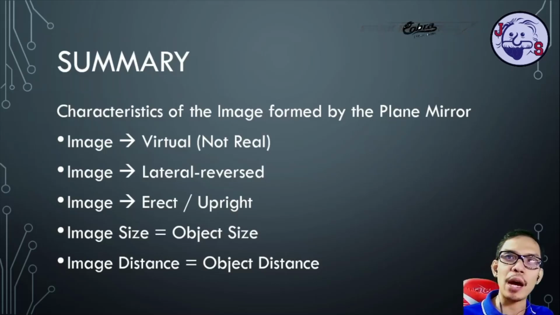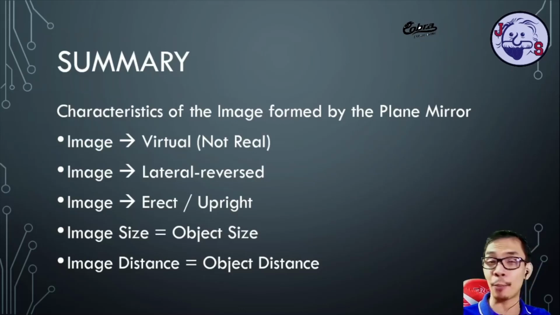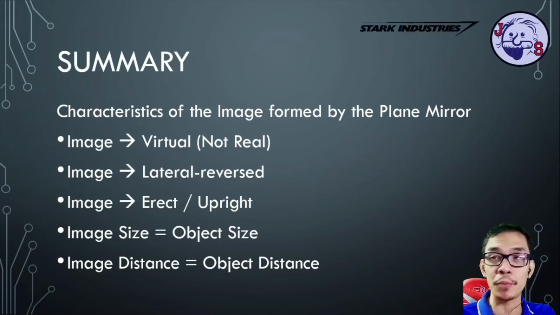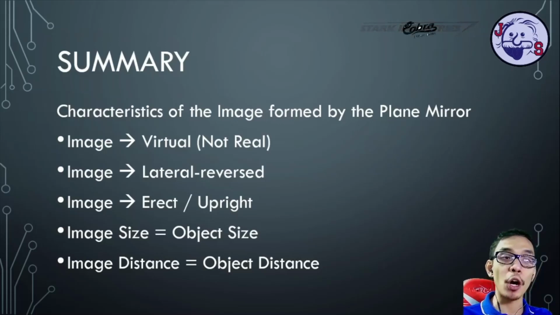Next, the image in a plane mirror is erect or upright. Next, the image size formed in the plane mirror is the same as the object size. And finally, the distance. The image distance is equal to the distance of the object in front of the mirror. These are the characteristics of the image formed by the plane mirror.